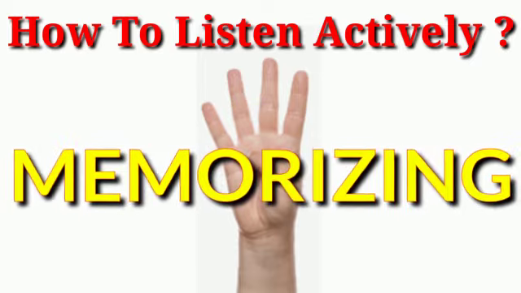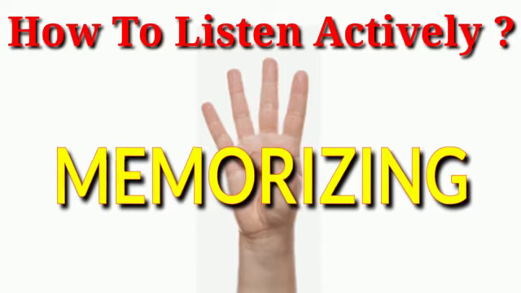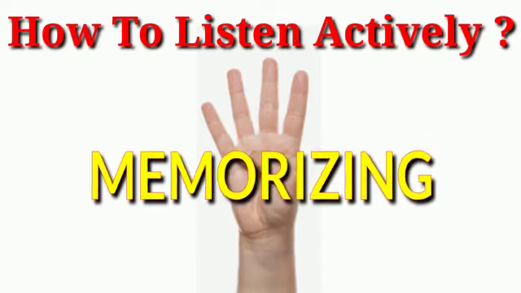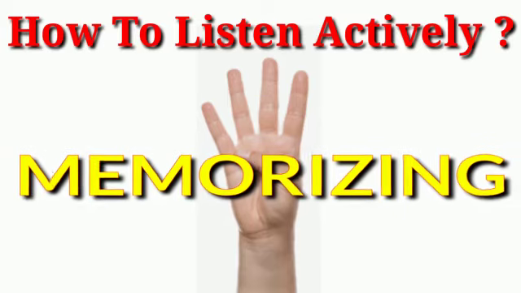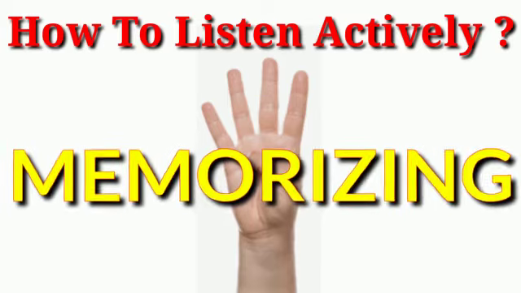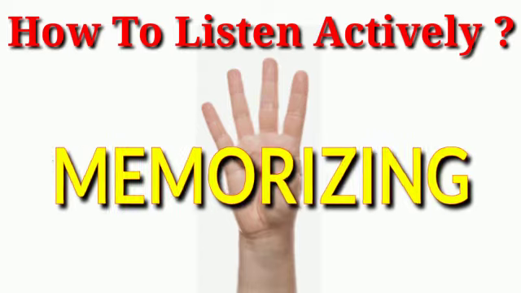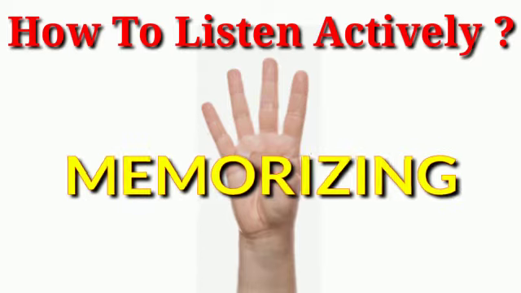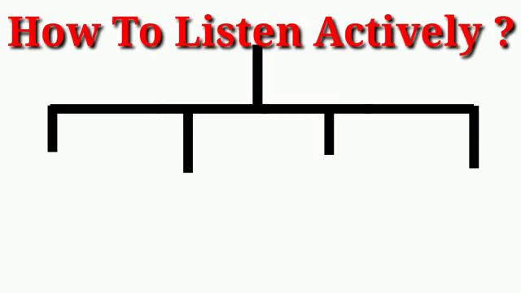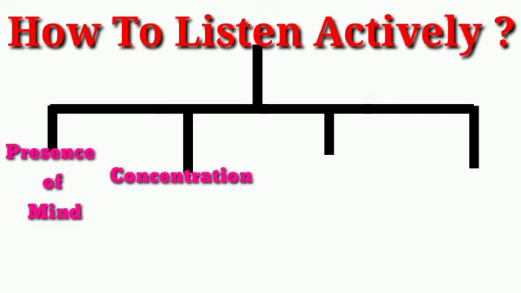We should try to keep the conversation in our memory to make it effective, or else we can even prepare some notes of important points of our conversation, if we aren't sure or if we don't want to depend on our memory. Thus, the combination of the four, presence of mind, concentration, patience and memory, leads to active listening.